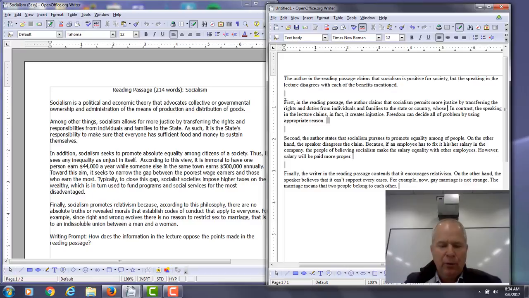Then you might say whose primary goal is to provide food and money to the public. So I think if you say that, that's probably good enough. So it's transferring the rights from individuals and families to the state or country whose primary goal is to provide food and money.